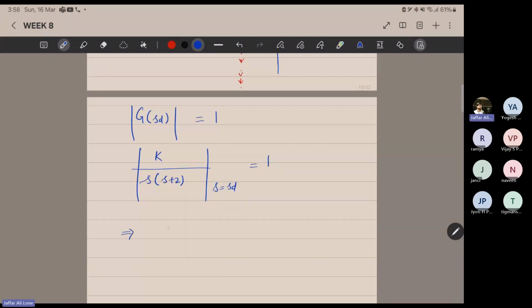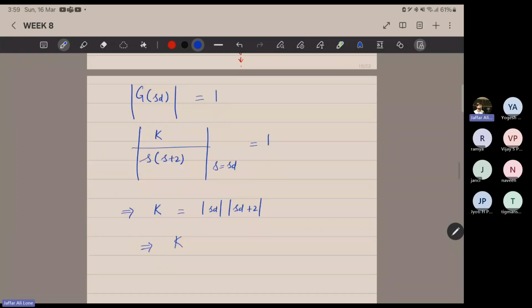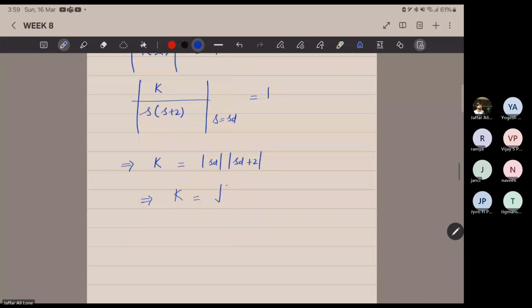It means that K is equal to |S_D| into |S_D plus 2|, which implies K is equal to, just put the value, (1 square plus √3 square) into (1 square plus √3 square), which is equal to 4. So the value of K is equal to 4.